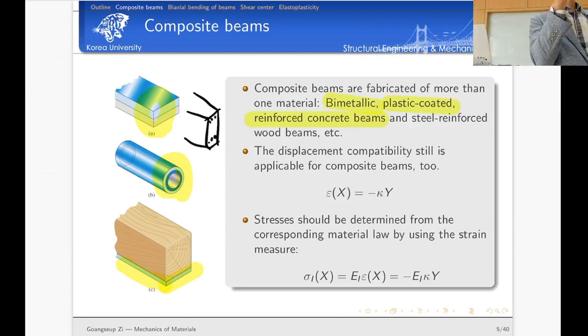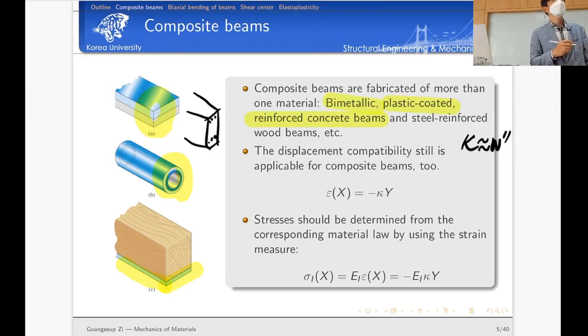The curvature is approximated further by the second derivative of deflection for the small deformation beam, okay? We still want to use the curvature to define the deformation. And if my beam is a small deflection beam, this curvature is approximated as the second derivative of the deflection.